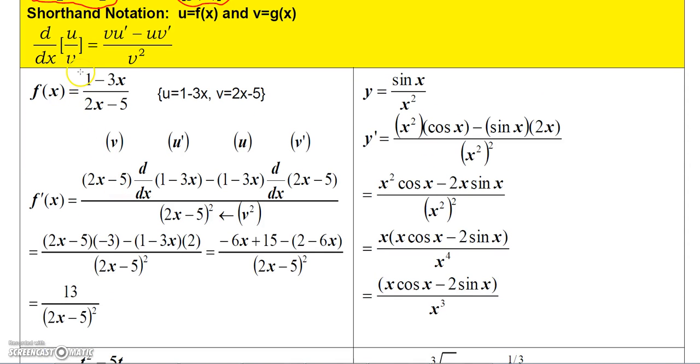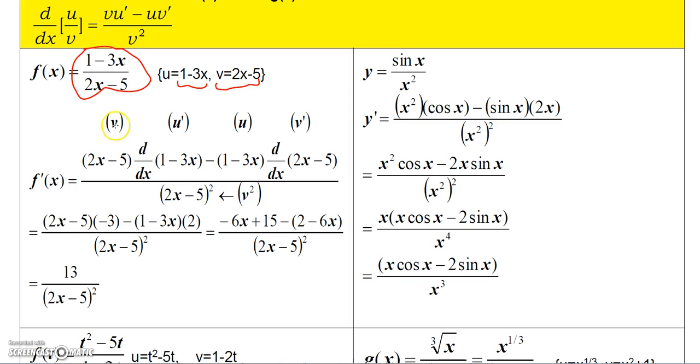So here I have the quotient where the numerator is 1 minus 3x and the denominator is 2x minus 5. Well, since the numerator is 1 minus 3x, that would be the u, and since the denominator is 2x minus 5, that would be the v.